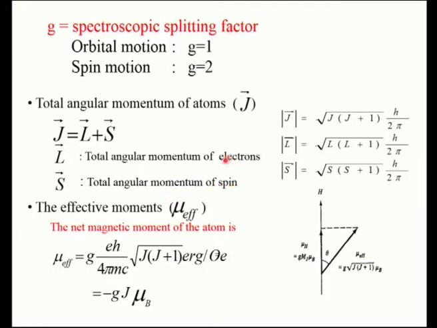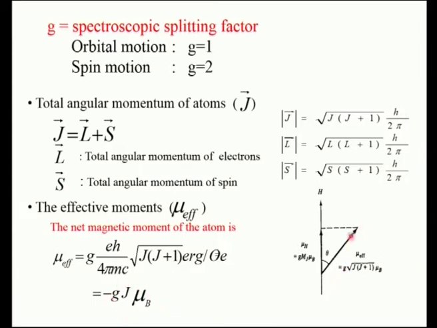Then the effective magnetic moment is given by this. The magnitudes of J, L and S are all given like this from angular momentum theory. If you use all these, then finally we get mu effective expressed in short like this.